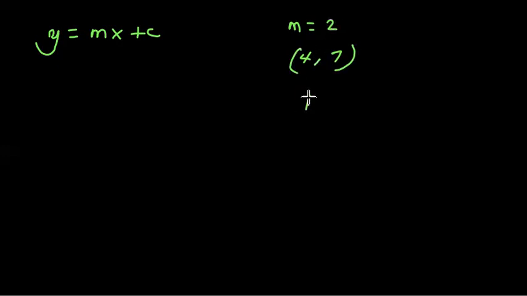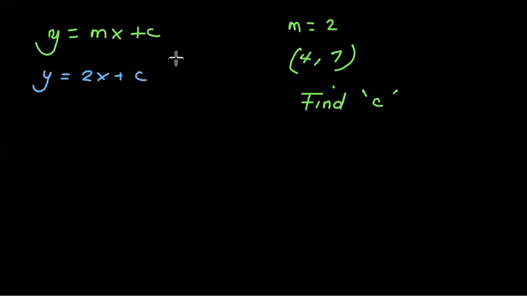So you're being asked to find c. Now this is a problem that you're given. So let's go. Here's what we do. We look at what we know. We know that m is 2, so y is equal to 2x plus c.